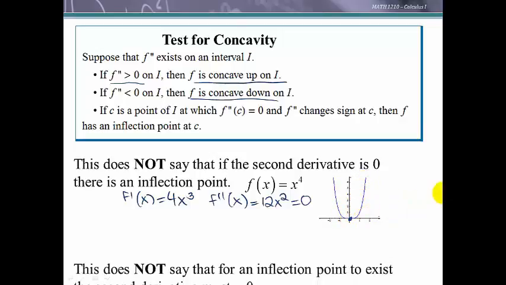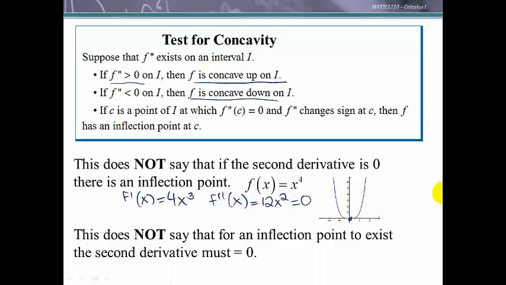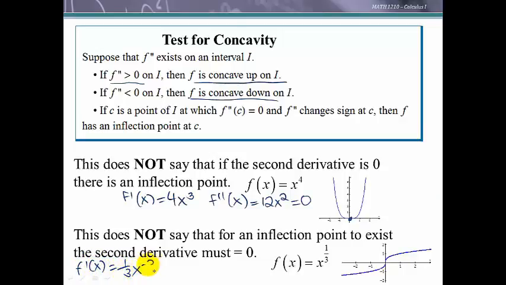Another thing it does not say is that for an inflection point to exist, the second derivative must equal 0. Let's look at an example of that. If we looked at f of x equals x to the 1/3, we can take the derivative, which is power out in front, decrease the power by 1, and then we'll take a second derivative.